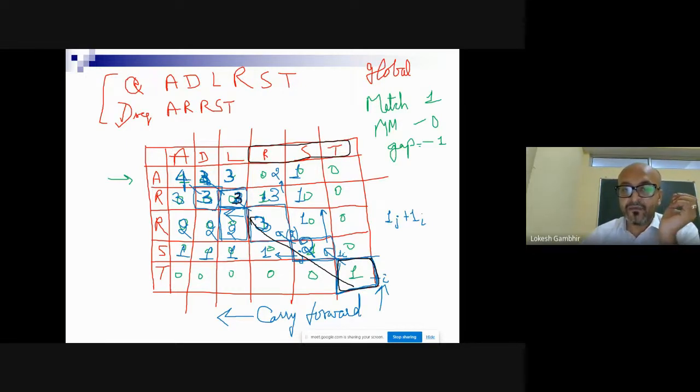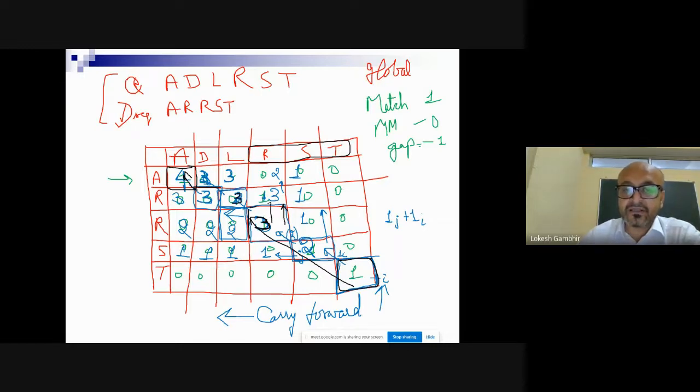Then it will see again from where the score is increasing. It will recognize that from here there is an increment in the score. So it will see that now the similarity region is here, ARST. But there is another crucial thing. What crucial thing am I talking about? Please see carefully. The 3 which appeared here, now the computer will see that if I go ahead, I should not encounter any increment in that particular region.